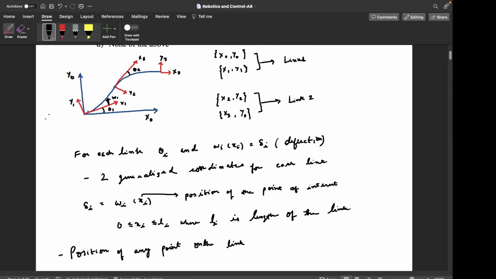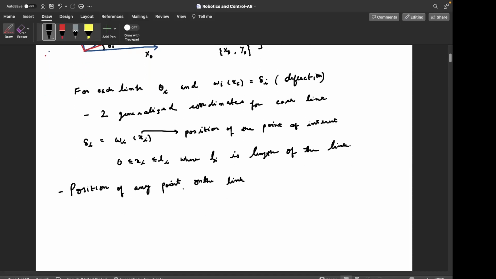Imagine in this xi yi frame, for this point, what will the coordinates be? It will be xi, since we are looking along this red axis, and this is the y coordinate, so wi.